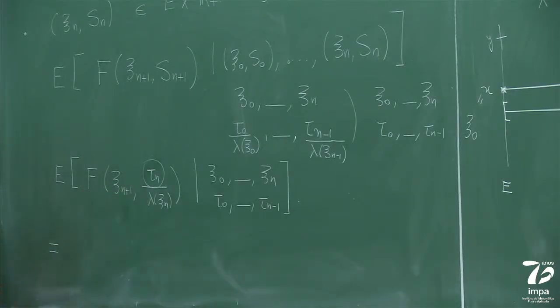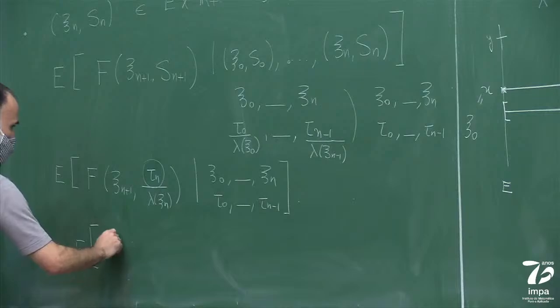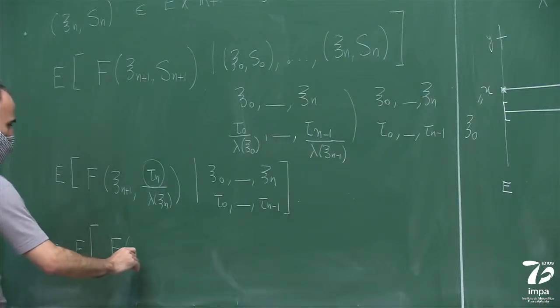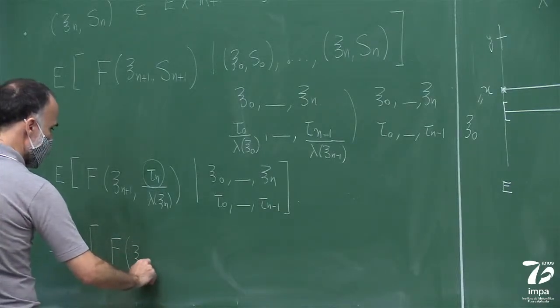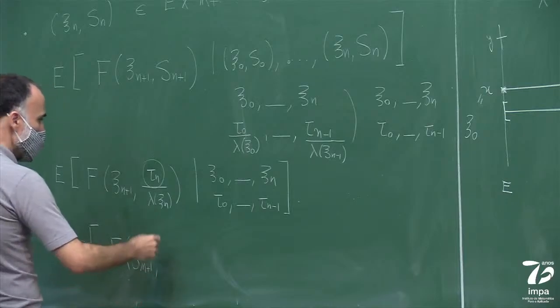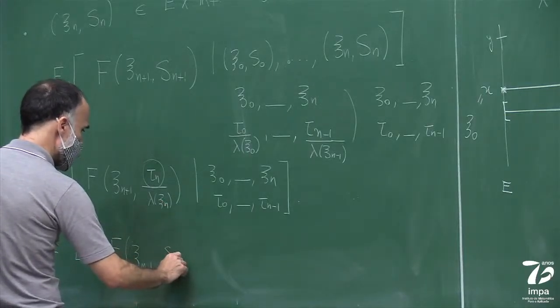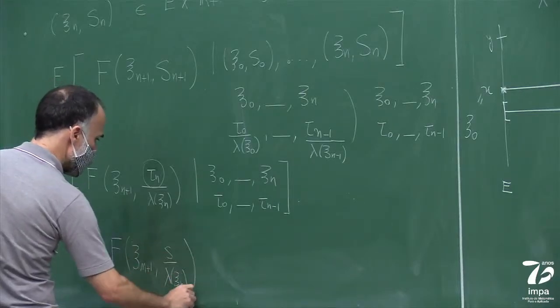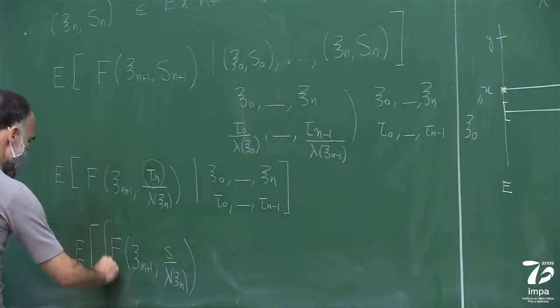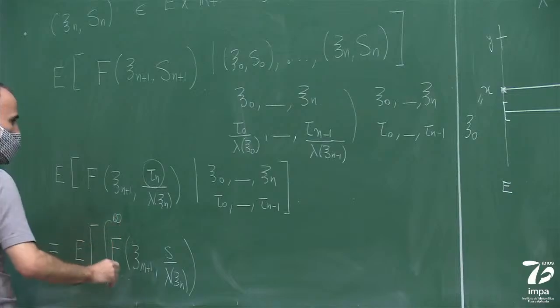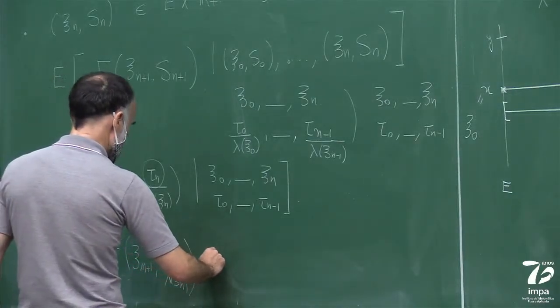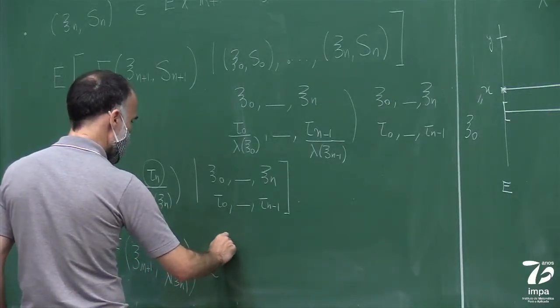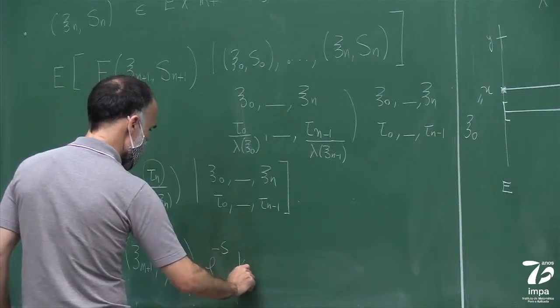So this is equal to the expectation of f of xi n plus 1, s lambda xi n, integrated from 0 to infinity against exponential minus s ds.